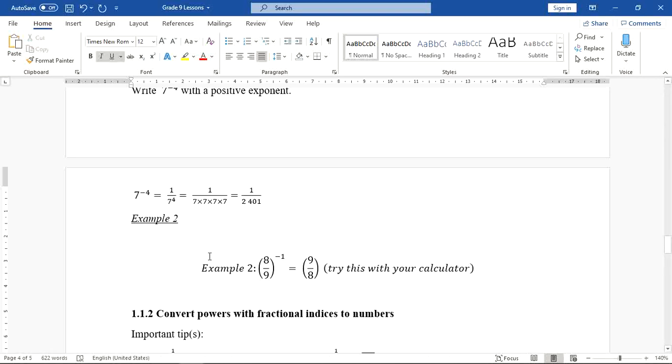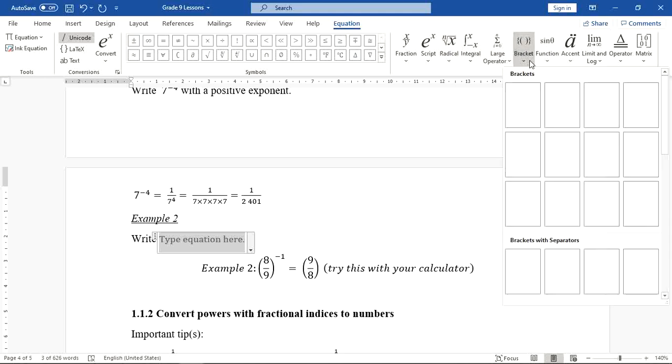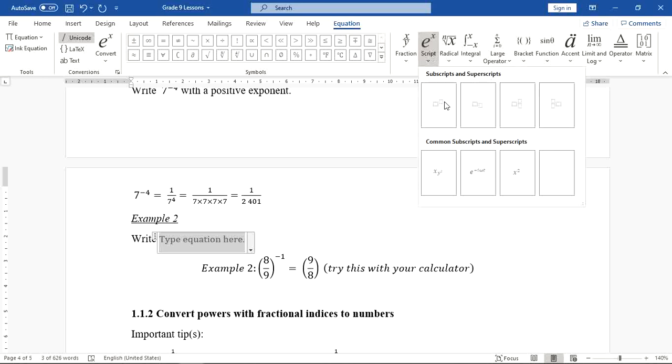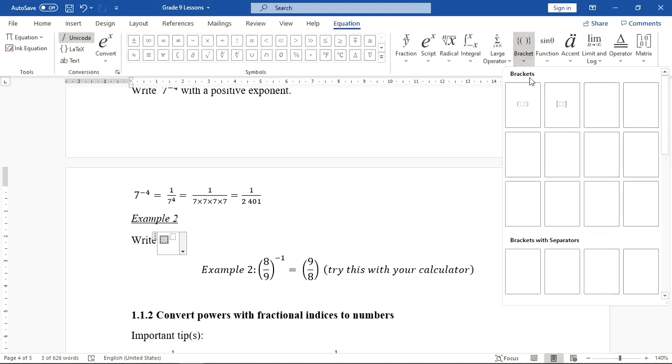Okay, so the statement will be write... okay, first I need brackets. Now first I need the script. Can I please have the script? First I need the script, and once I have the script I can then have brackets. Come on.